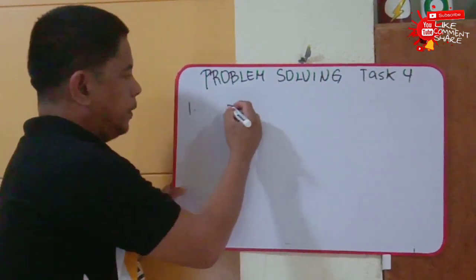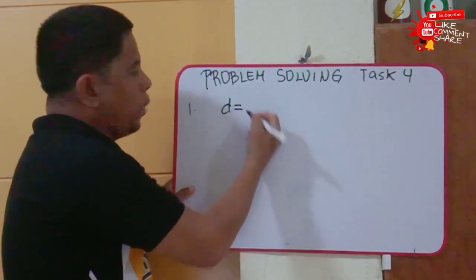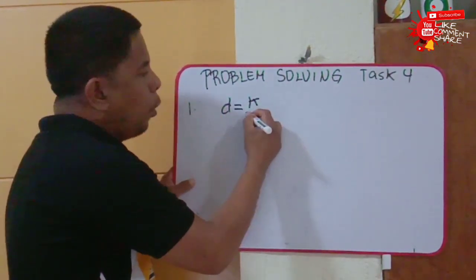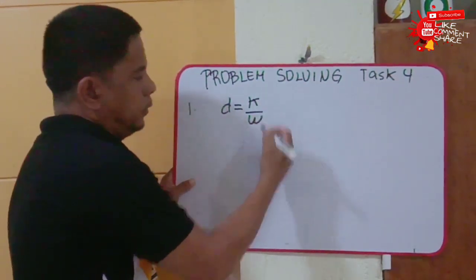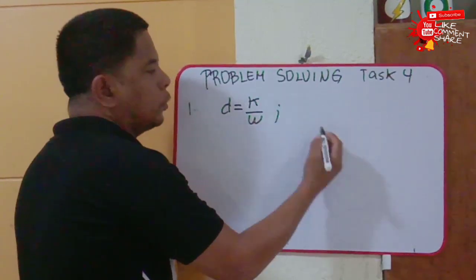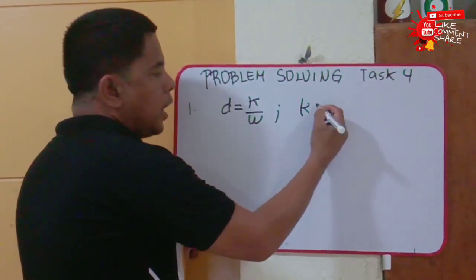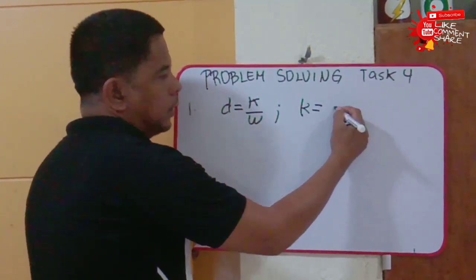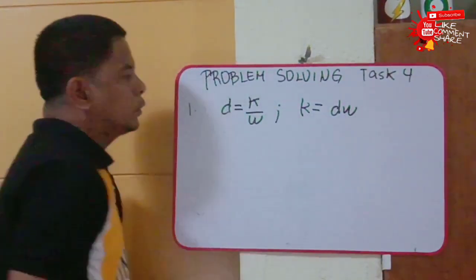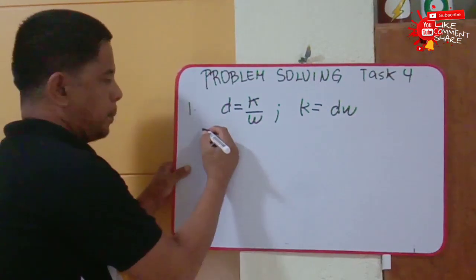So, D equals constant over weight. Okay? Kapag hinahanap naman natin ang constant, K equals distance times weight. So, ano yung given natin sa problem?